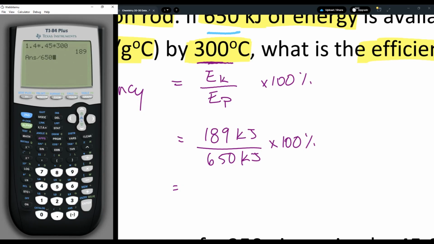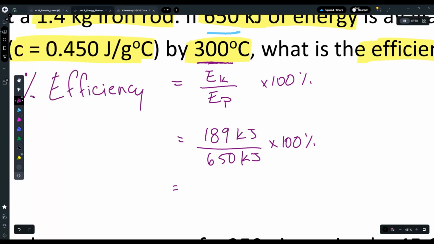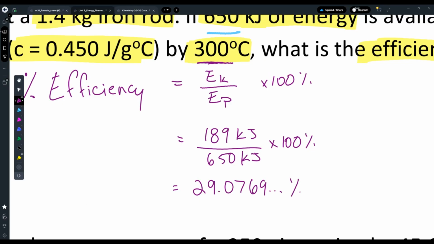So 189 divided by 650 times 100 is going to give us 29.0769. And that's a percent because the kilojoules cancel out and we're left with percent here.